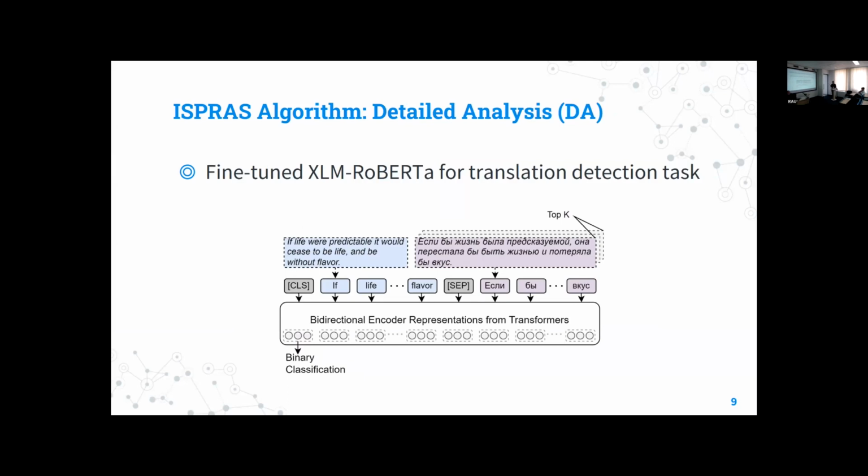Maybe the initial aim was to be more precise. Actually, it could be because of the thresholds we used. We both used them, but for the ISPRAS algorithm, I can say that we used some kind of fuzzy threshold. So we wanted precision to be high, but couldn't achieve that. So yeah.